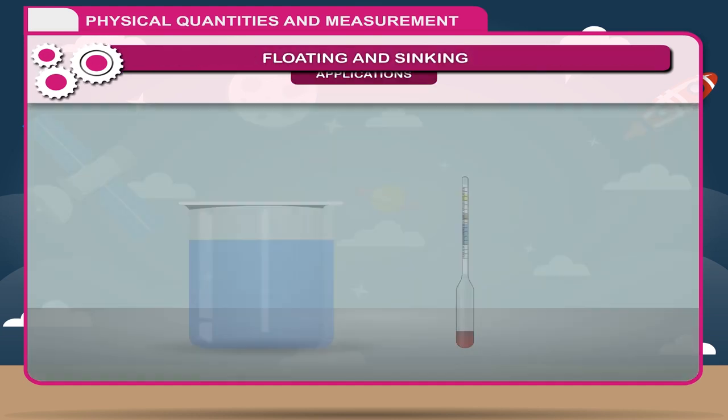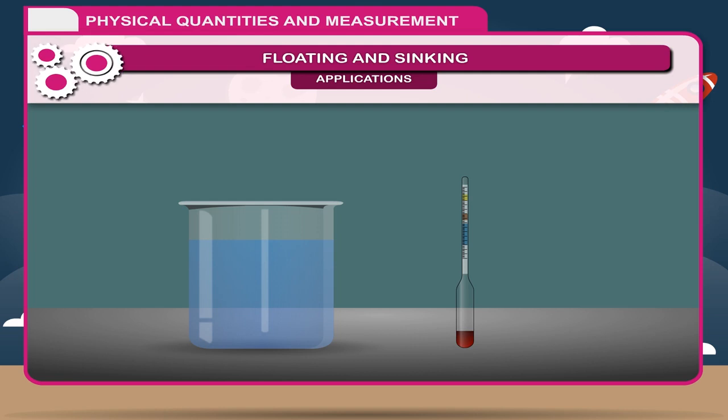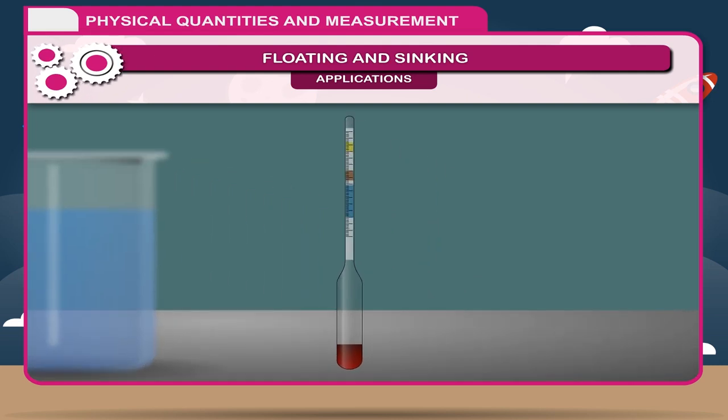Applications. 1. To measure the density of a liquid directly, a hydrometer is used. A hydrometer is usually made of glass and consists of a cylindrical stem with graduation and a bulb weighted with mercury or lead to make it float upright.